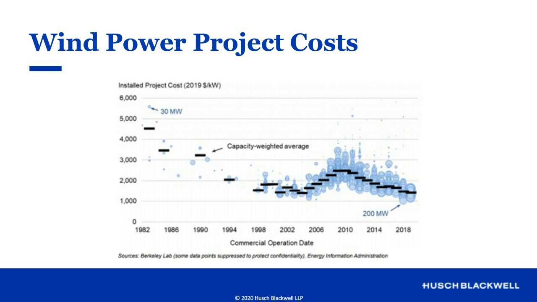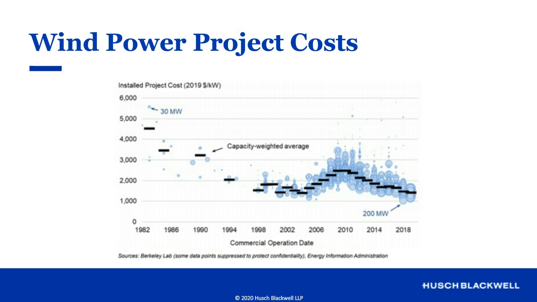Here, specific to wind, we've got another graph that shows where wind power project costs have gone over the past 30 years. And you can really see the maturation of the industry over the past 15 years.